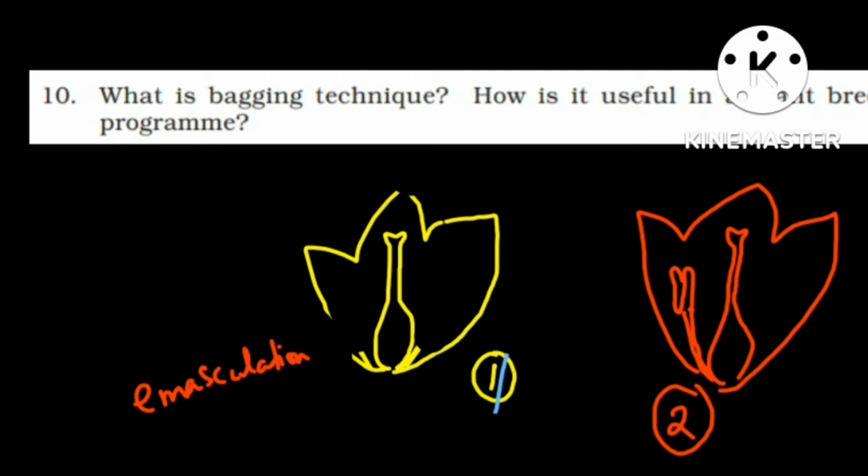And the desired pollen grain can be dusted from the desired flower to the stigma, and then it will be rebagged.